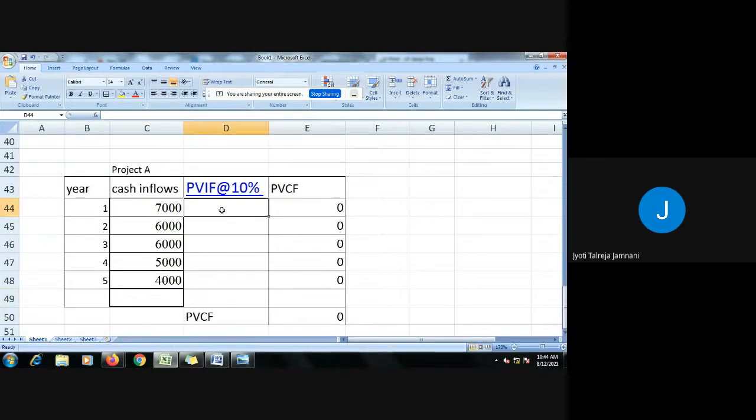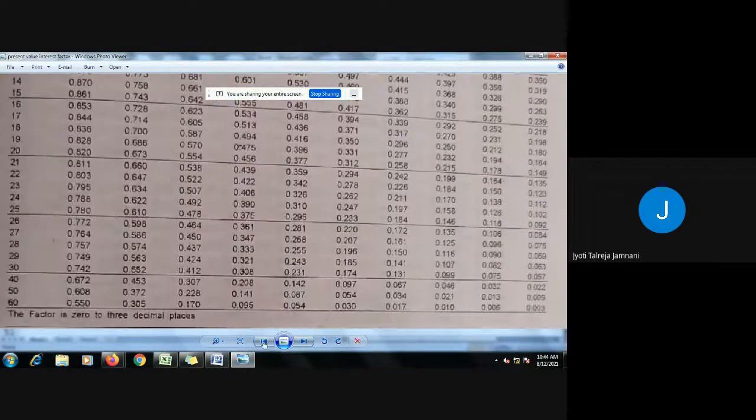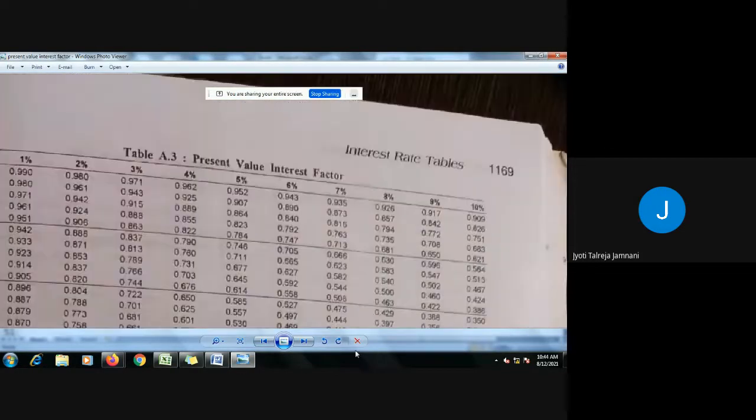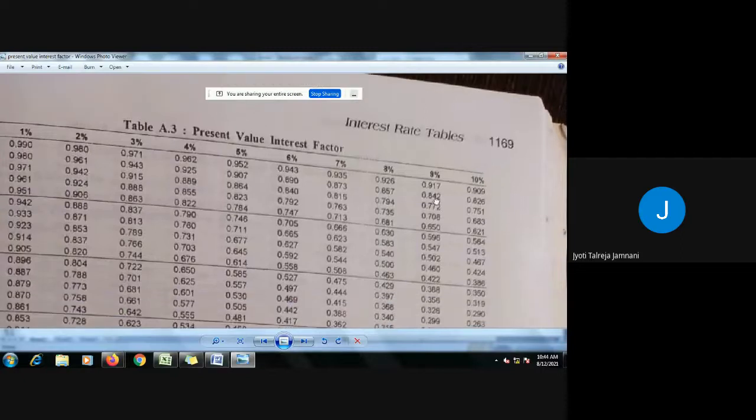So present value interest factor at 10%. We'll look at the table and we'll go to 10%. So here is the 10% at the end.